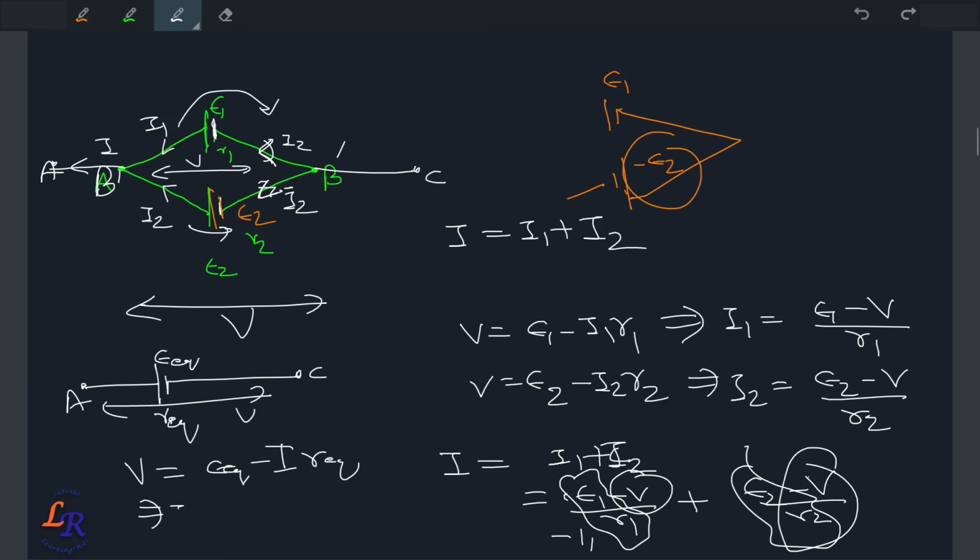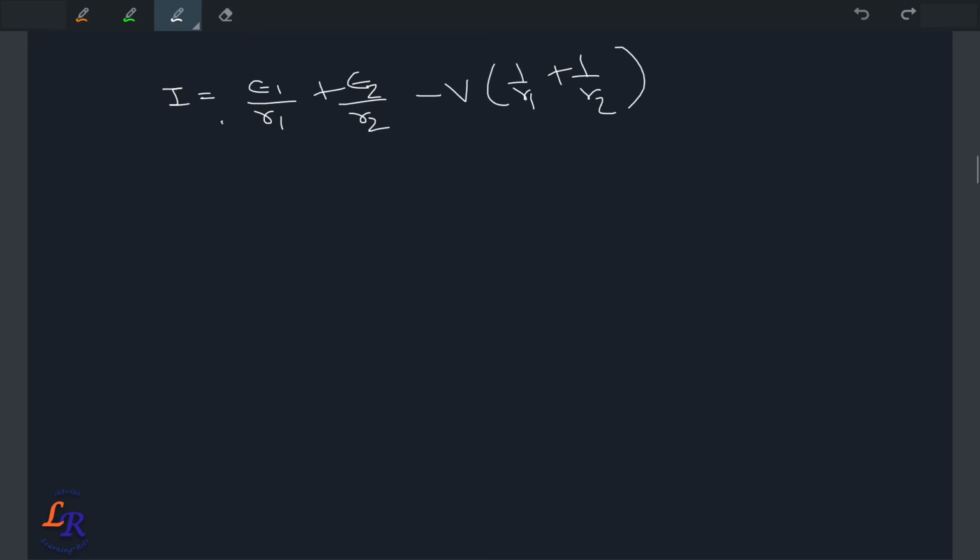So if you get I from here, it can be written as epsilon equivalent minus V upon R equivalent, right? So if you now simplify this equation, I can be written as epsilon equivalent upon R equivalent minus V upon R equivalent, right?